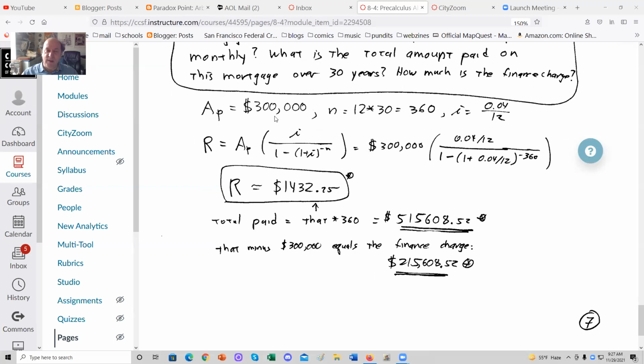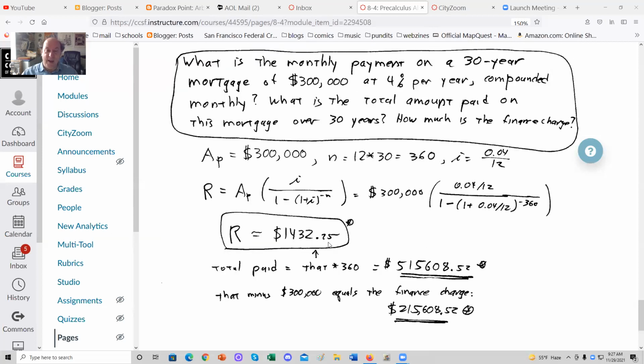Minus the $300,000 present value, the finance charge is $215,608.52, almost as much paid on interest as on the house. On the other hand, you do get to live in the house in the meantime.